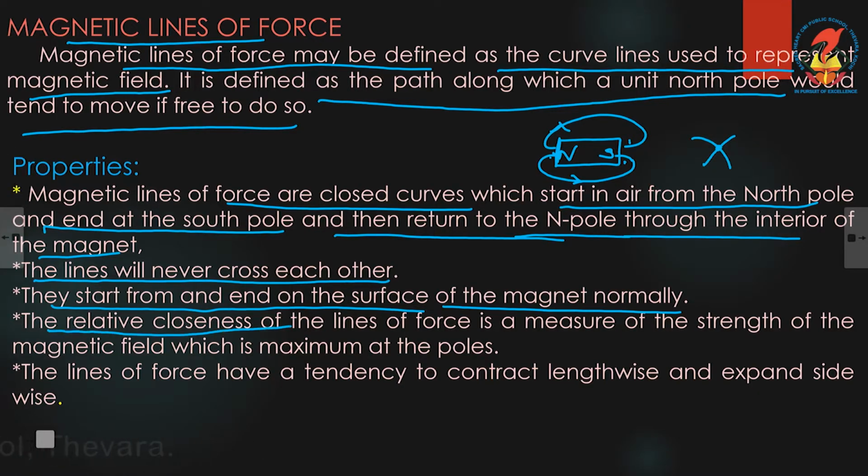The relative closeness of lines of force is a measure of strength of the magnetic field, which means there is a magnet.